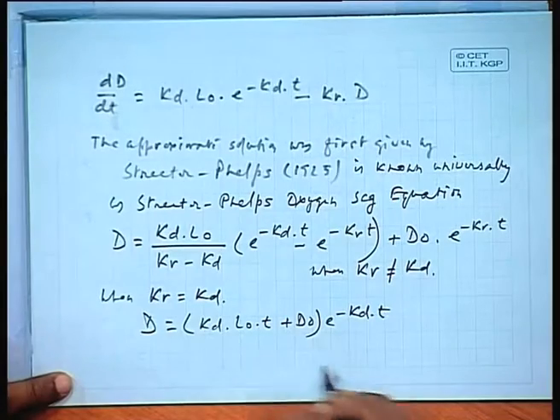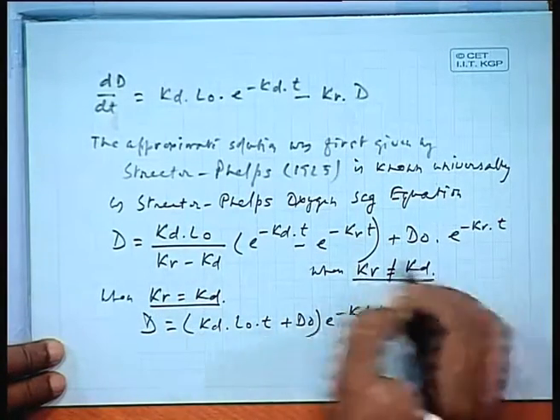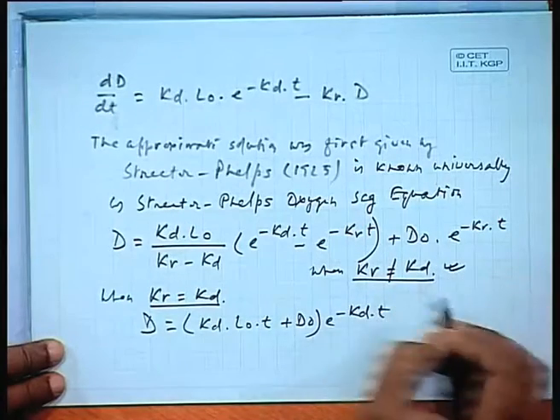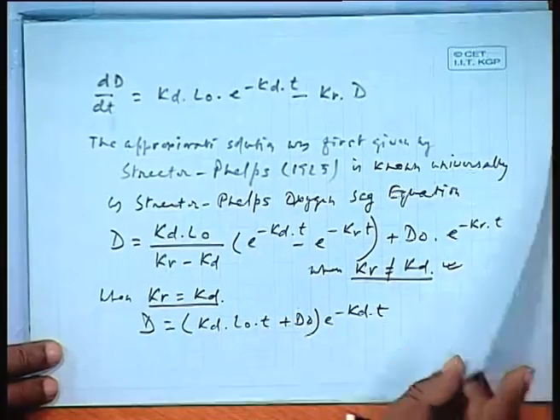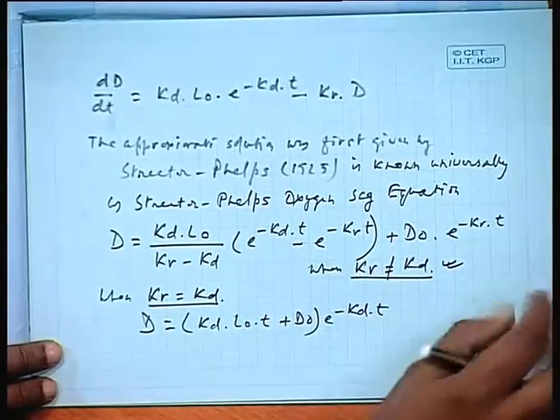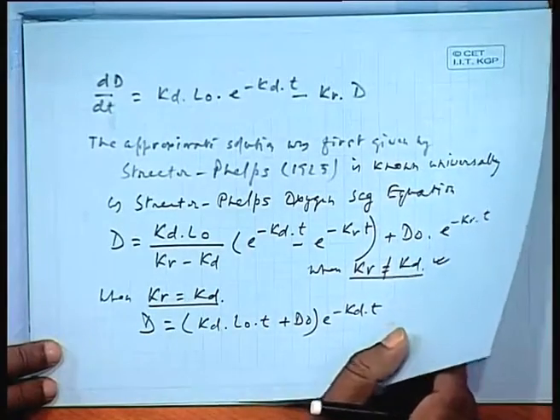You can see this in such cases, but mostly Kr and Kd are essentially different things, so Kr and Kd not being the same is the case we mostly consider.